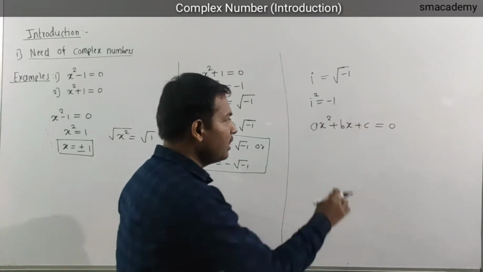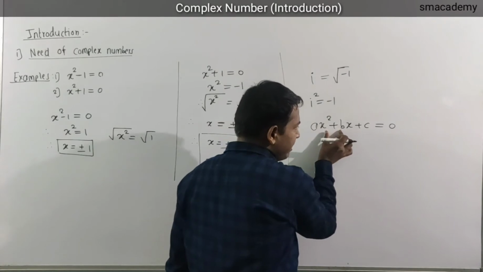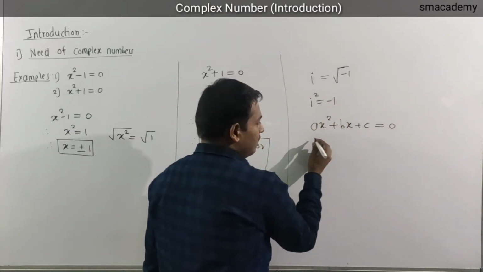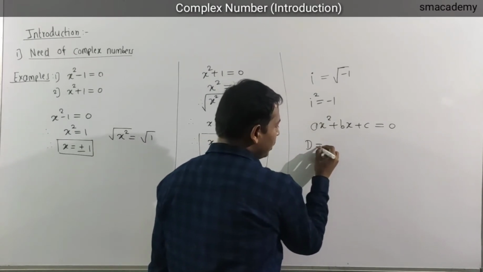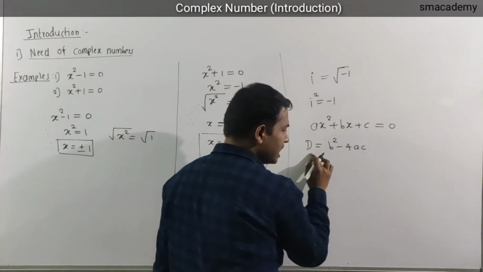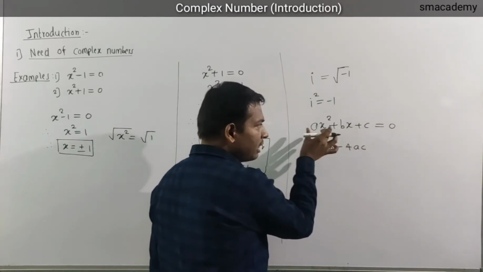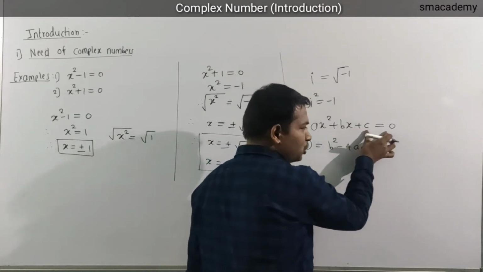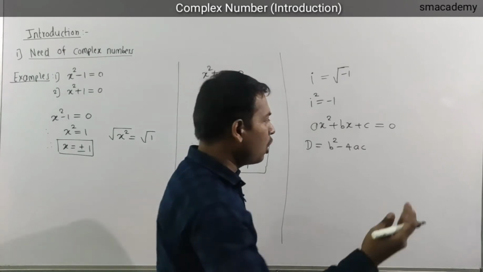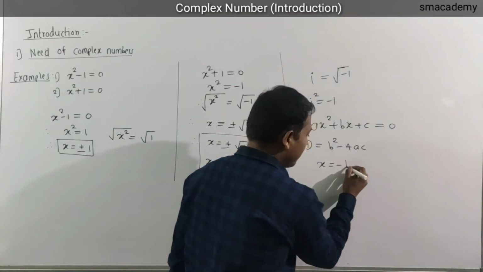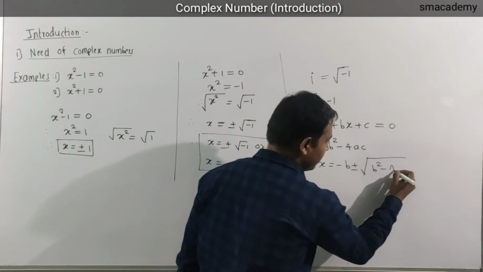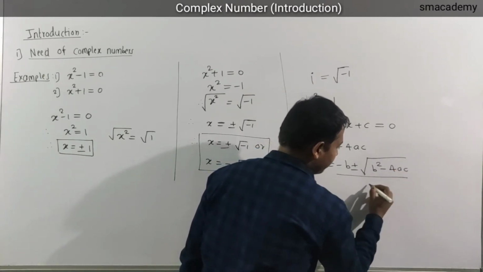Now let's see. If ax square plus bx plus c equal to 0, let capital D be equal to b square minus 4ac. Why do we take capital D equal to b square minus 4ac? Because this quadratic equation has roots of the form x is equal to minus b plus minus root of b square minus 4ac upon 2a.